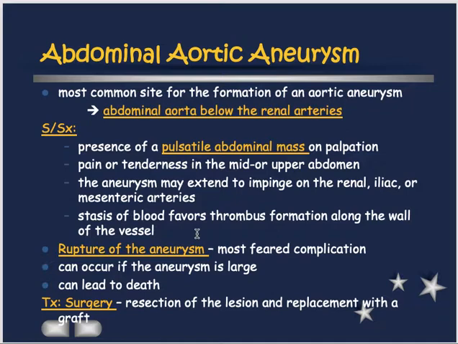But the important thing is this. Anyone who has a pulsatile abdominal mass on palpation, or pain or tenderness in the mid or upper abdomen, and whenever we diagnose them with abdominal aortic aneurysm, what is important is to repair that.